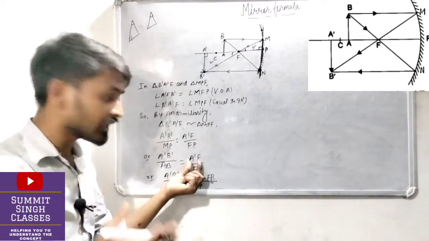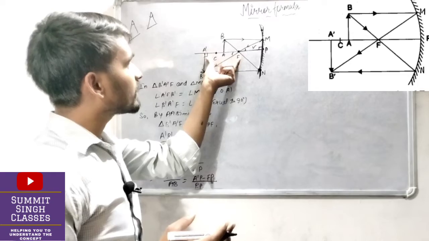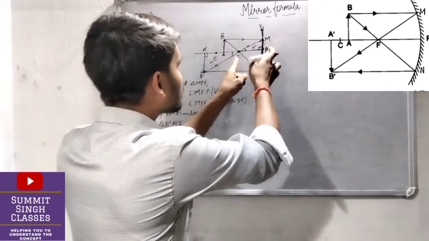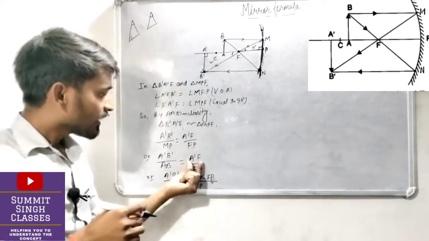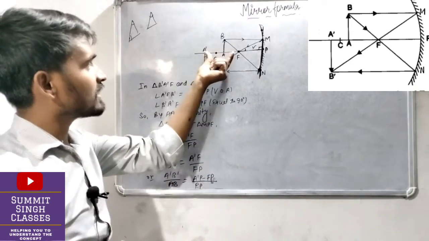You should understand again what A'F is: we calculate the value of A'F by subtracting FP from the whole A'P. So I have written A'P minus FP in place of A'F.